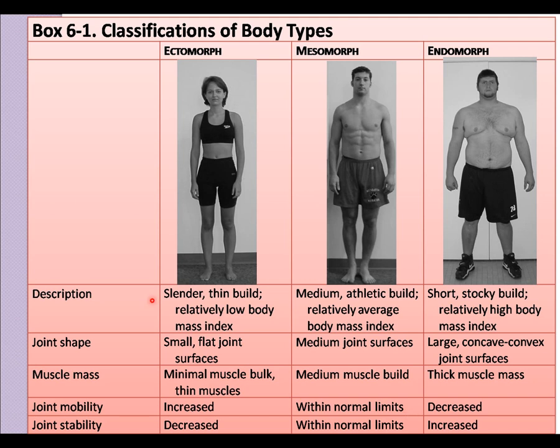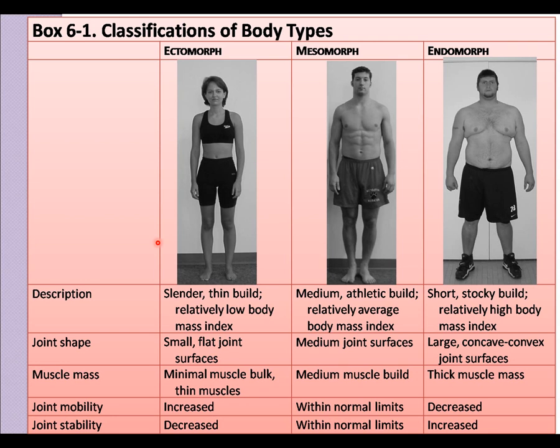Down here is a description. Your ectomorph tends to be someone who's very slender, thin in build, low body mass, small joint surfaces, not very large build in general. Your mesomorph is more of your medium athletic type build. These people tend to generally build muscle very quickly. You're going to have medium muscle build, medium bone type, medium joint surfaces.